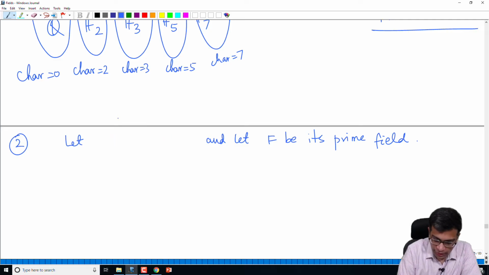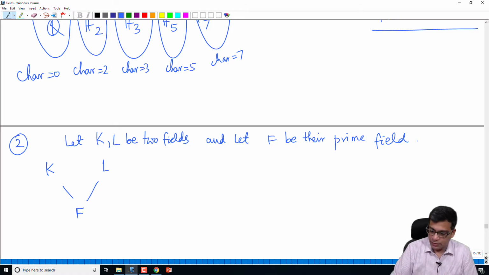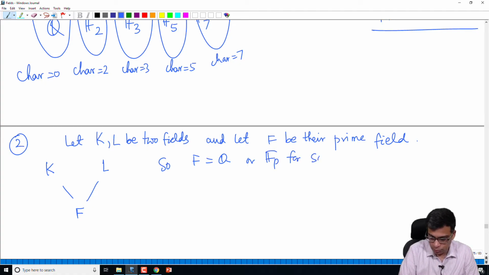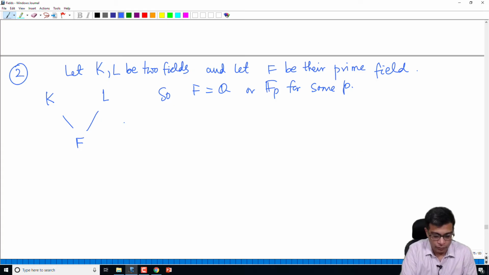So K is here, L is here, and they are both over F. F is Q or Fp for some P. I want to do an exercise which is not dependent on which case we are dealing with. So F is an arbitrary prime field, and K and L are two fields.